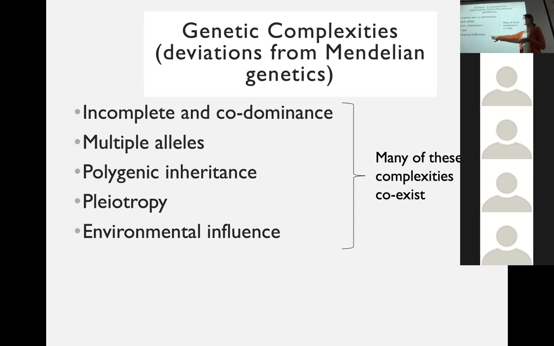All of these deviate from what he would have predicted based on what he knew. Incomplete and codominance we just talked about. I'm going to talk about these next four fairly quickly over the next few slides: multiple alleles, polygenic inheritance, pleiotropy, and then just the influence of the environment that can affect genetics as well. I'll talk about how each of these creates even more complexity in our world.